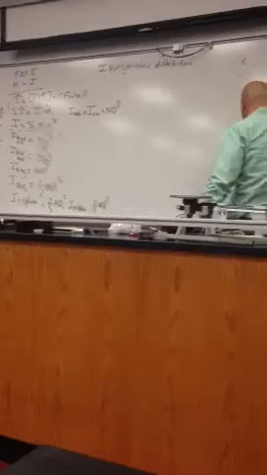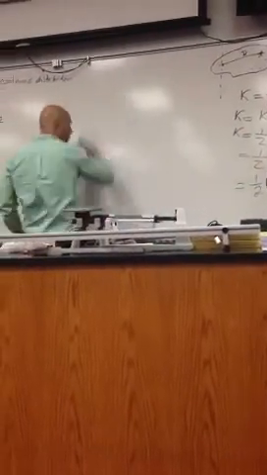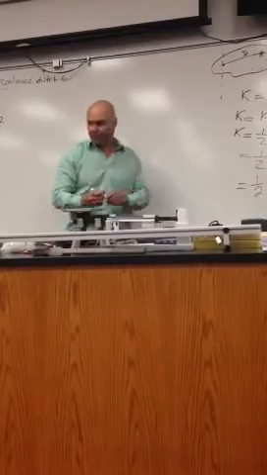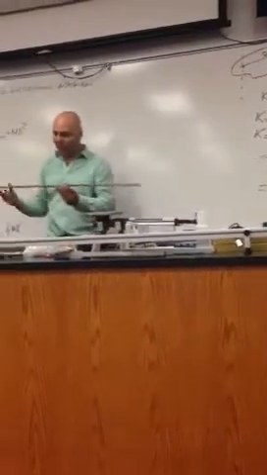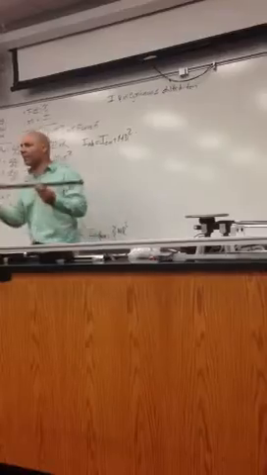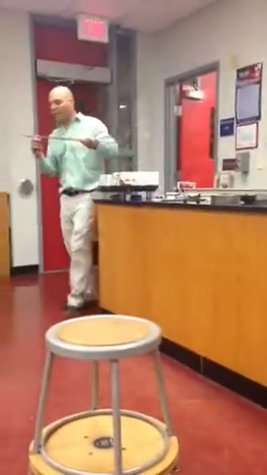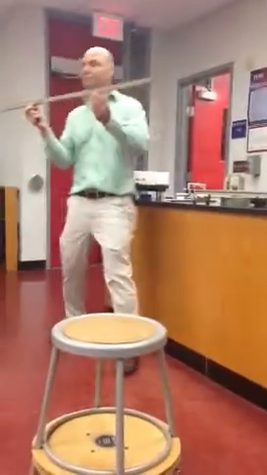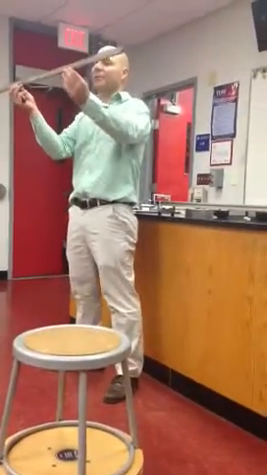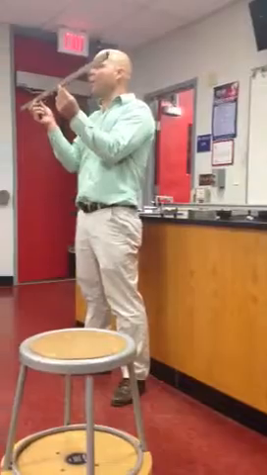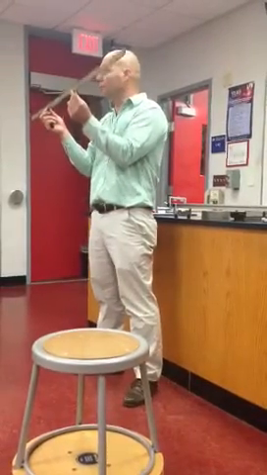For example, let's say a rod is rotating with respect to here. This is a meter stick. So let's say that the rod is rotating with respect to the point 25 here. This is an arbitrary axis. So if I want to find the moment of inertia, what should I do?